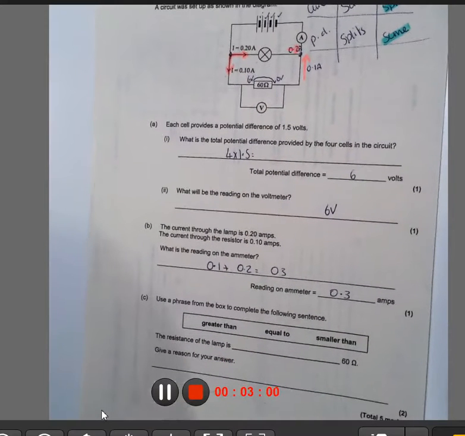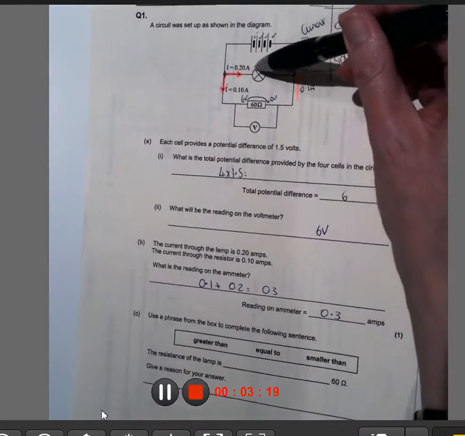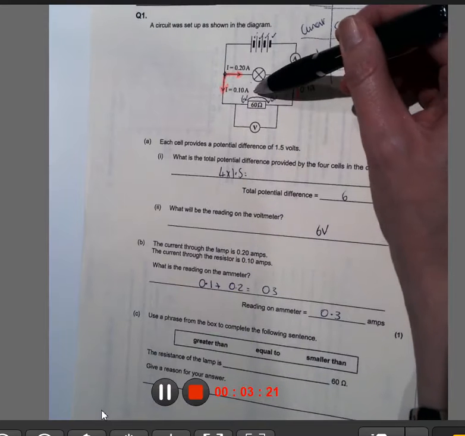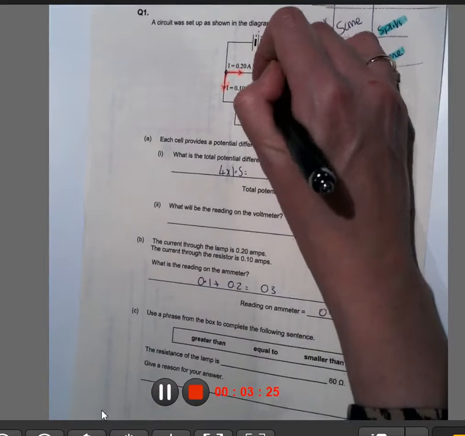Last section, use a phrase from the box to complete the following sentence. The resistance of the lamp is, and we need to use greater than, equal to, or smaller than. Now, if we look at the current flowing through, there's more current flowing through this one than this one, which means it's easier for the current to flow through here.